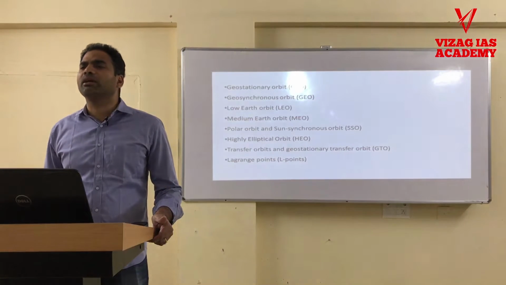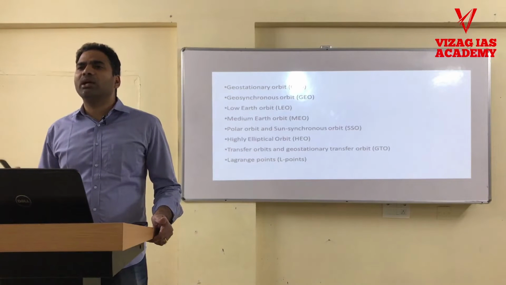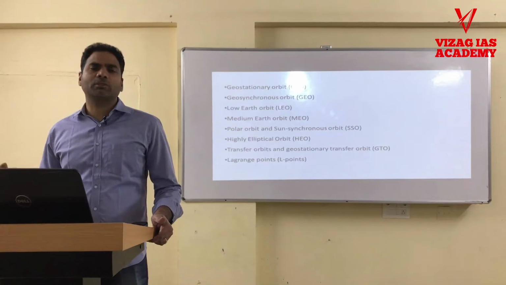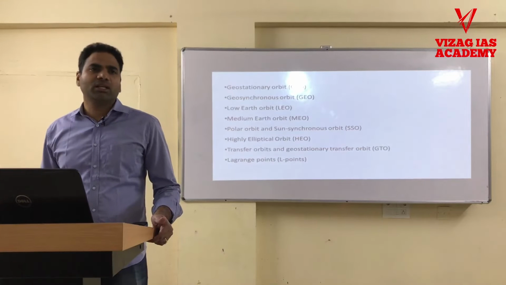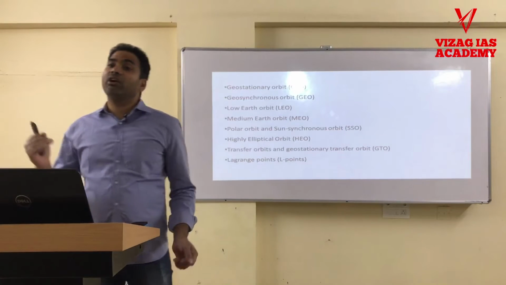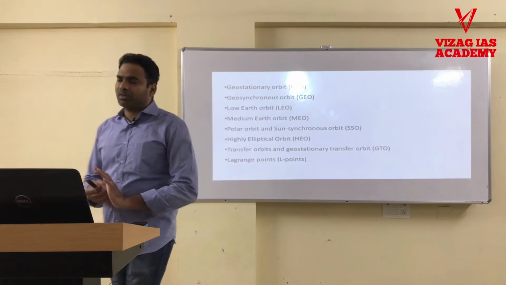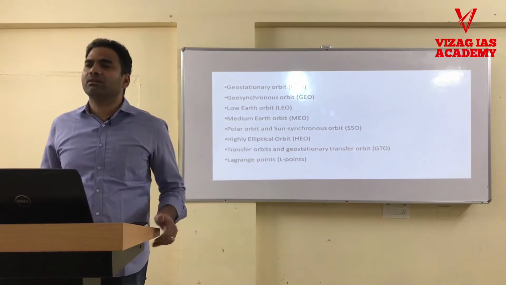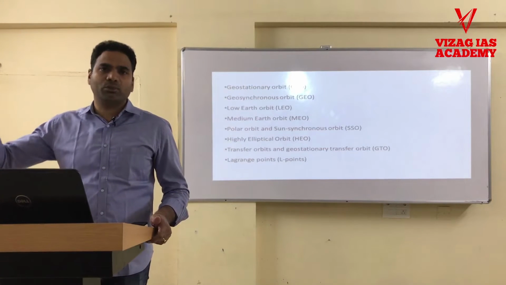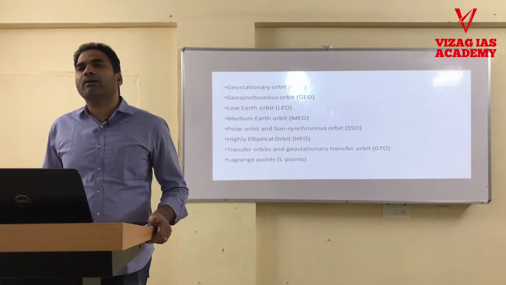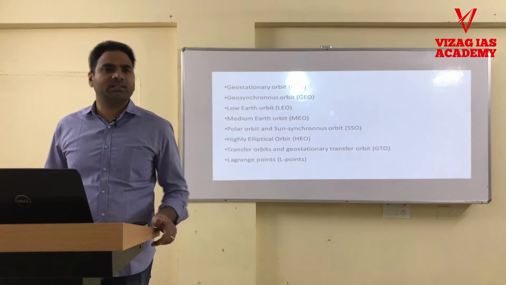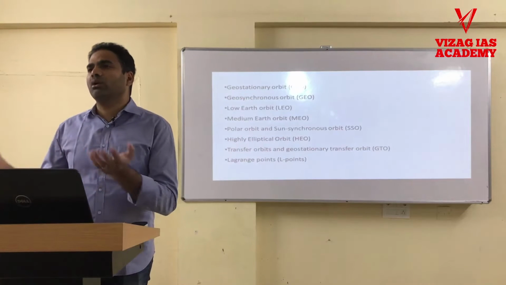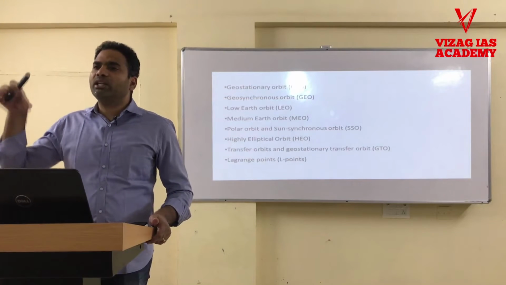Next is low earth orbit. Anything as low as ISS, International Space Station, up to 2,000 kilometers is considered low earth orbit. Low earth orbit has a significant advantage because the fuel needed to put a satellite there is very less. I mean the costs are very less, and if you use enough number of satellites, you can cover the whole earth, but the vantage point is less.